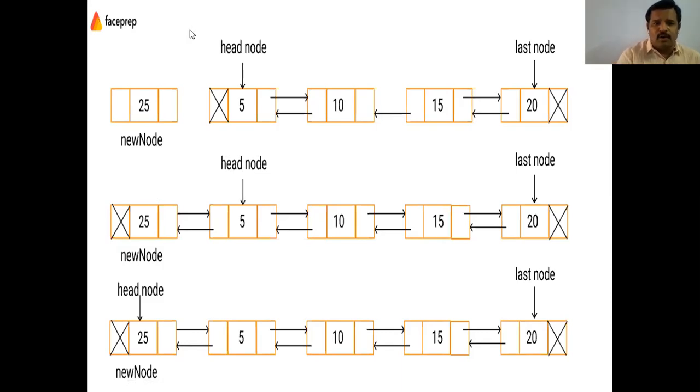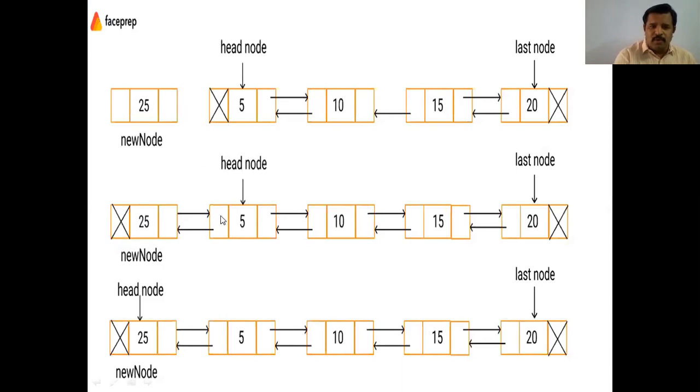In the original list, the first node is 5, and the previous part of the first node contains the null value. Whenever we insert the new node at the beginning, automatically this previous part will contain the address of the new node, that is 25.